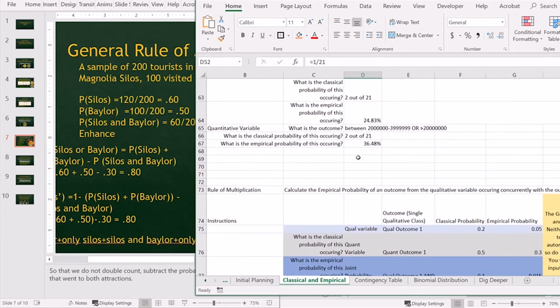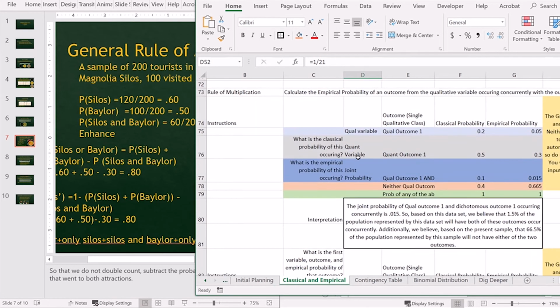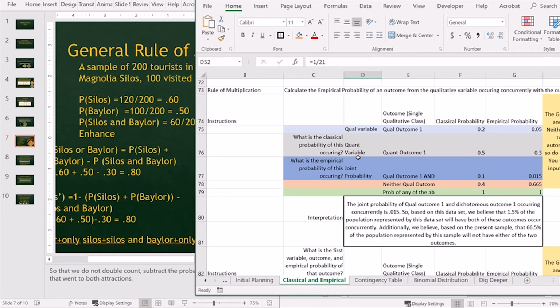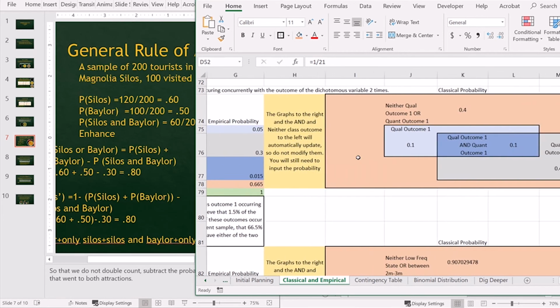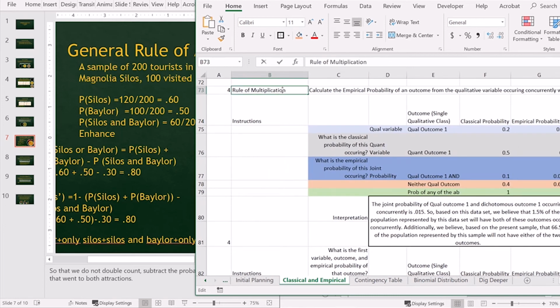We just did the special rule. Now we're going to do the rule of multiplication and basically the joint probability. This should say general rule of addition, but the general rule of addition includes the rule of multiplication.